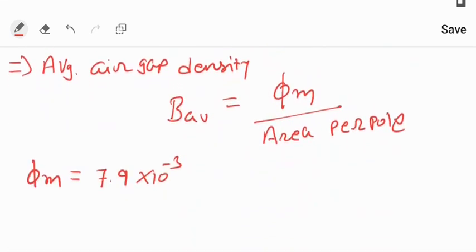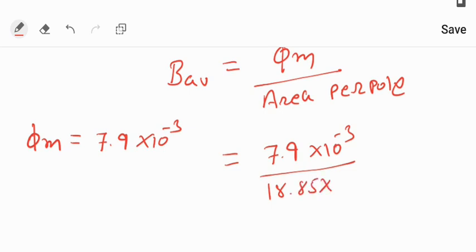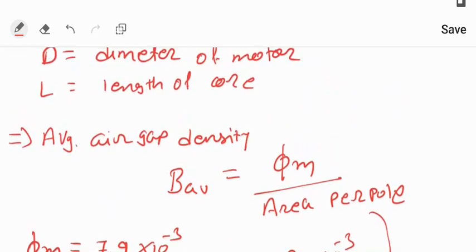So here we can simply write down the values we found during the calculation, that is 7.9 into 10 raised to minus 3 divided by 18.85 into 10 raised to minus 3, the area per pole we just found.